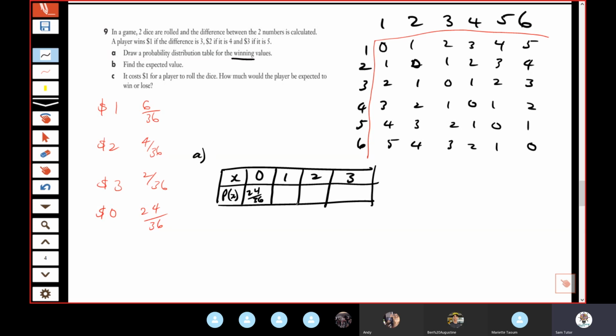You would get $1 6 out of 36 times. $2 you would get 4 out of 36 times. $3 you would earn 2 out of 36 times.